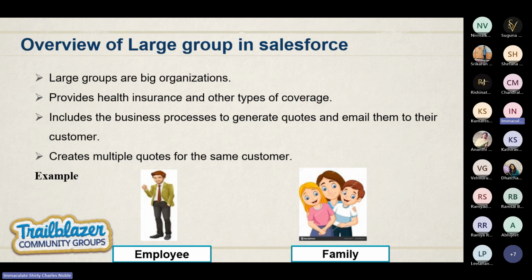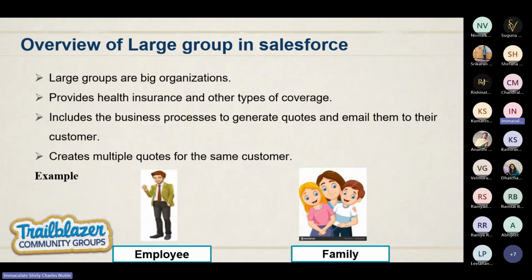For example, a company with more than 50 employees or more than 100 employees is called a large group organization. In the health insurance industry, large groups are customers or companies who need to provide health insurance and other types of coverages to their eligible employees and also to their dependents.